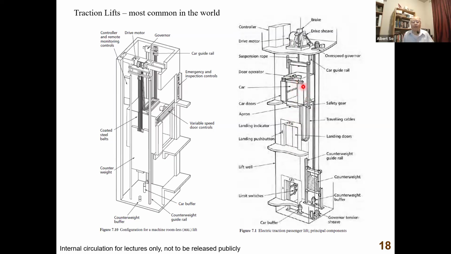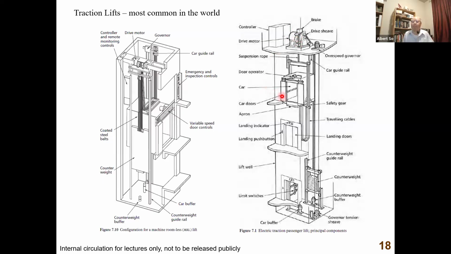Will be 3,000 at full load: 2,000 kilogram plus 1,000 kilogram passengers, and then 3,000 kilogram times 10 will be 30,000 Newton of force. Then the burden on the lift motor will be very much. However, if you have the counterweight, the motor just needs to provide for the unbalanced side.